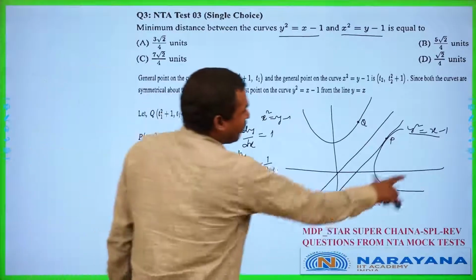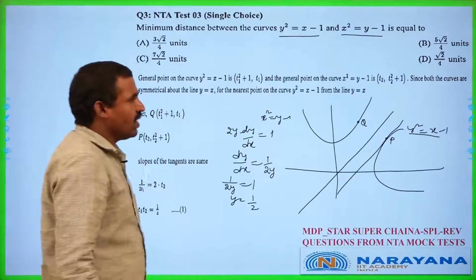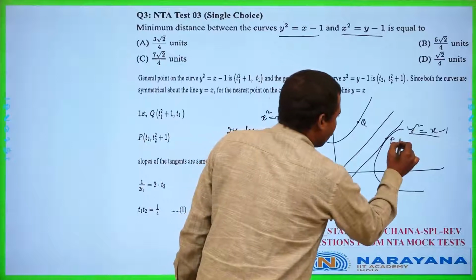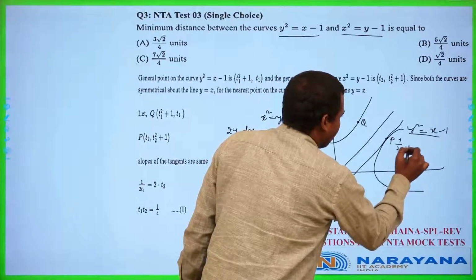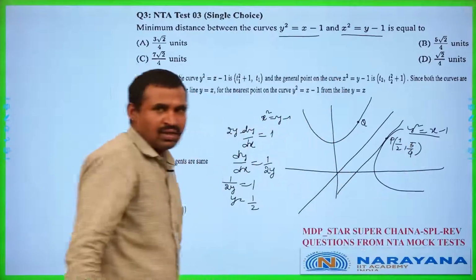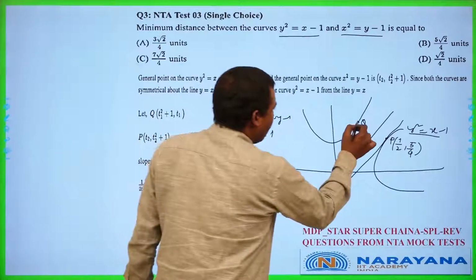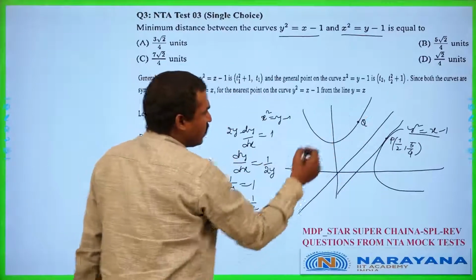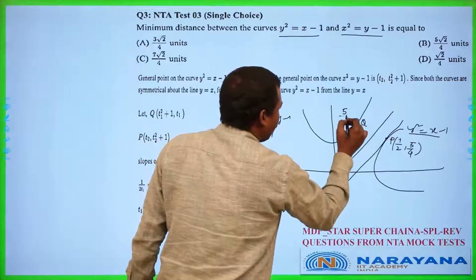If we substitute y is equal to 1 by 2 here, then x is equal to 5 by 4. So, 5 by 4 comma 1 by 2 are the coordinates of P, and the coordinates of Q are, because it is the image of P with respect to y is equal to x, 1 by 2 comma 5 by 4.